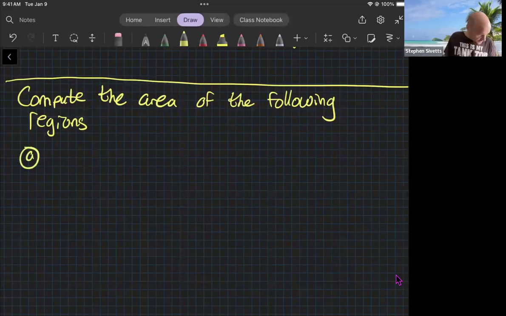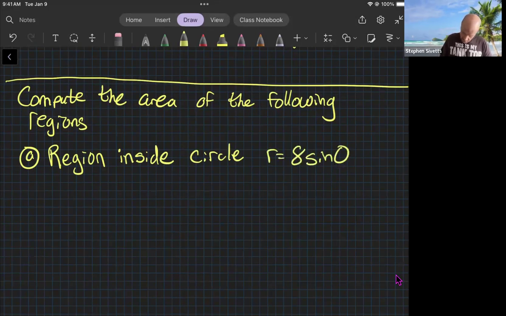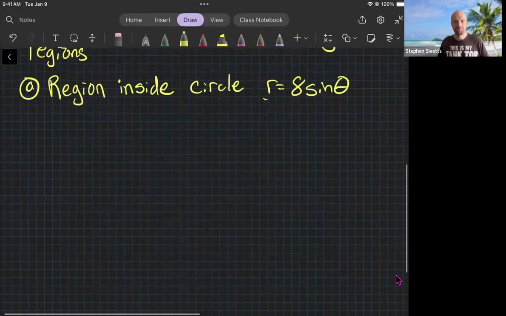So suppose I have this example. So the region inside the circle r equals 8 sine theta.